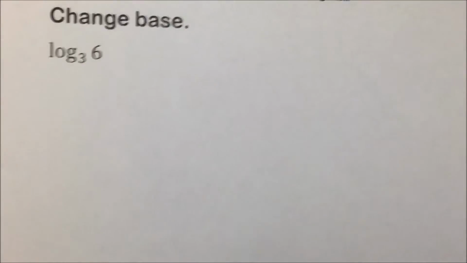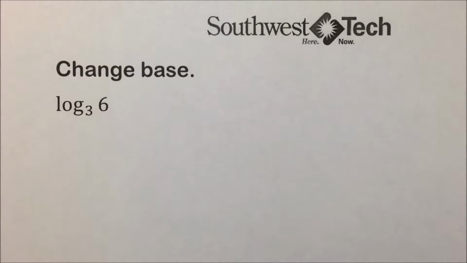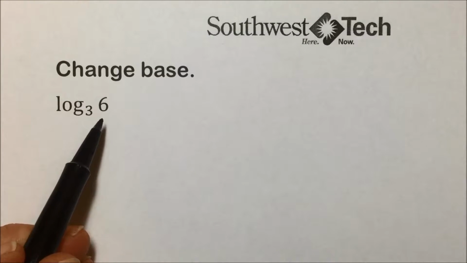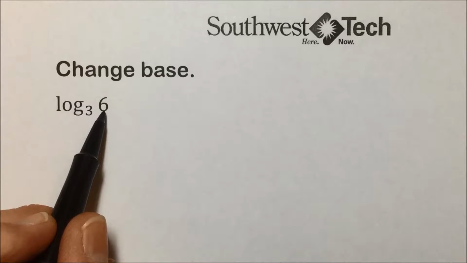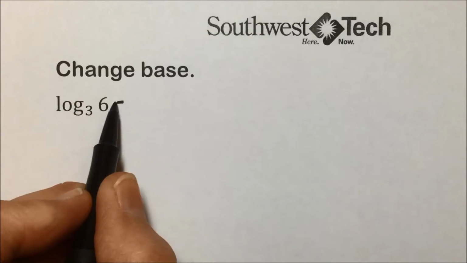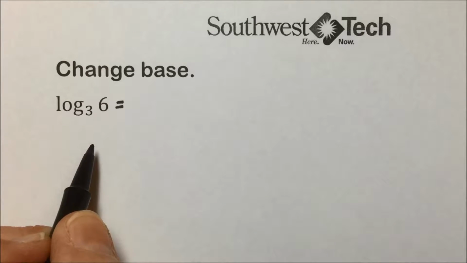And let's take a look at how this change of base formula works. Given log base 3 of 6, we're stuck. We can't convert the 6 into a number that has only 3 as its base, so we have to do something else. And the something else is to change this to a different base.